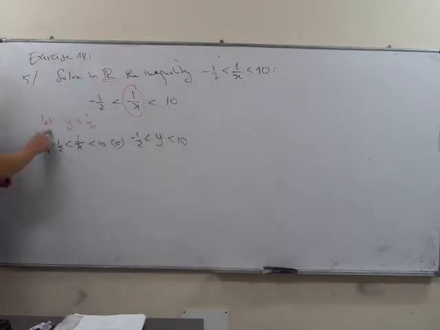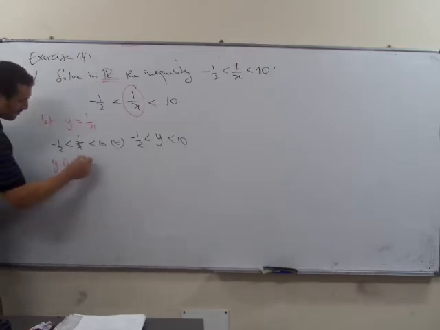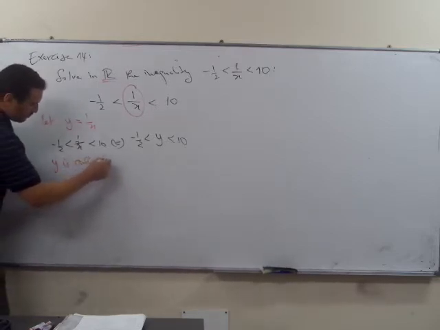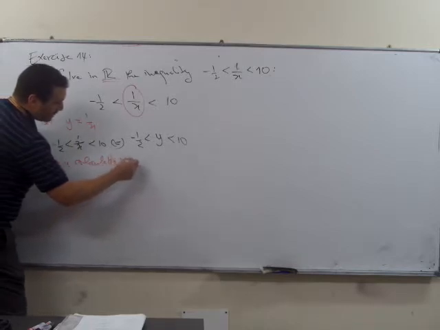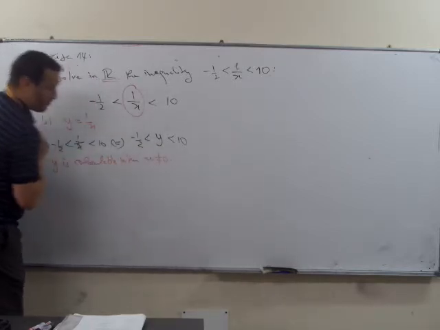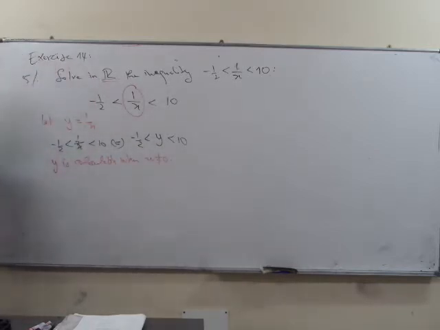Now, when I put y equal to 1 over x, y is calculable, defined, only when x is different of 0. So I have y equal 1 over x and x is different of 0.